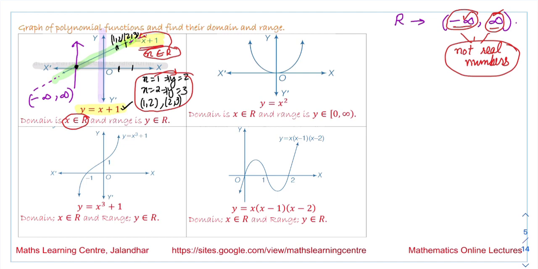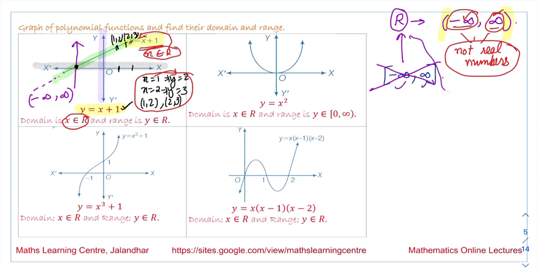An important thing to note over here is that as these are not real numbers, we are not going to close these brackets. We cannot close the brackets over here because we are dealing with real numbers, and these two are not real numbers.